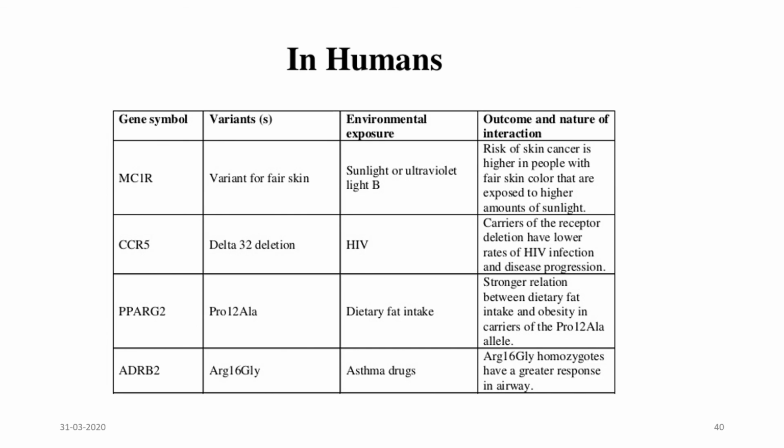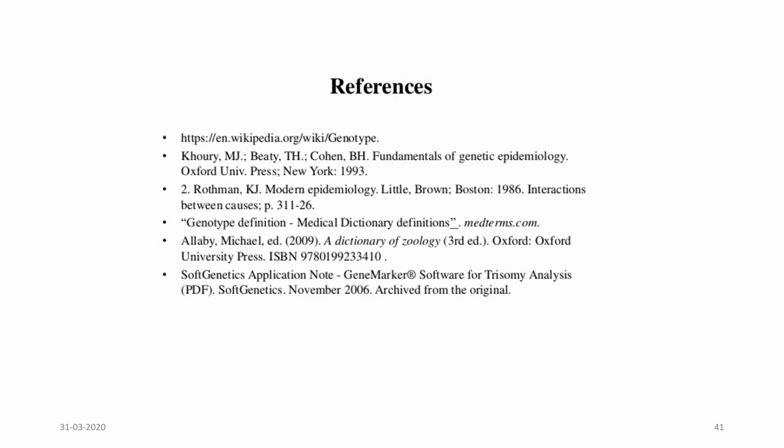Another gene example is ADRB2, the beta adrenergic receptor. If there is a mutation from arginine to glycine, then homozygotes have a greater response to asthma drugs for the airway. So these are the references.